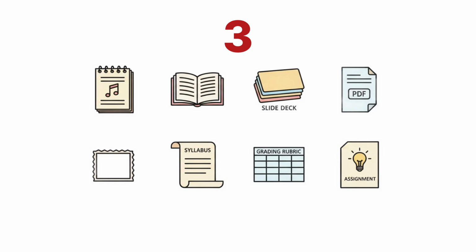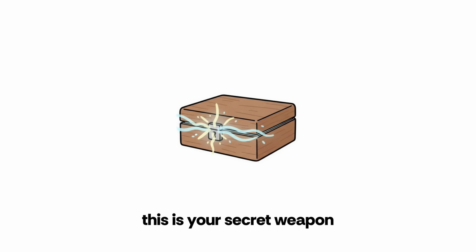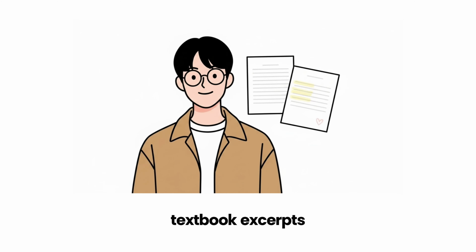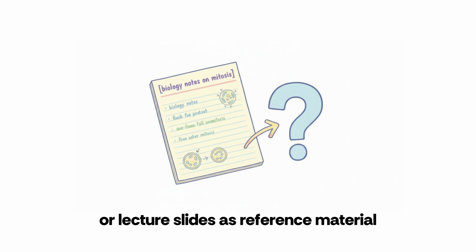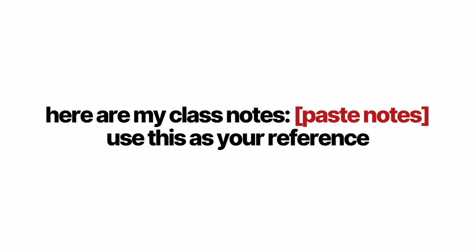Step 3. Provide instruction. This is your secret weapon. Give ChatGPT your notes, textbook excerpts, or lecture slides as reference material, so it has higher quality context. For instance, you can say, "Here are my class notes," then you paste the notes. Use this as your reference.